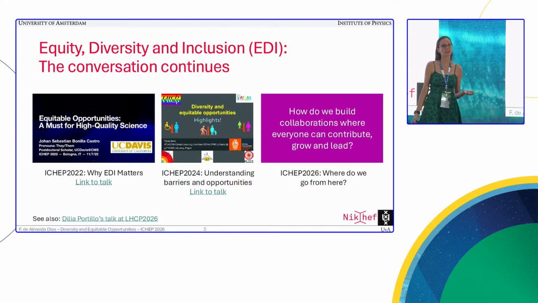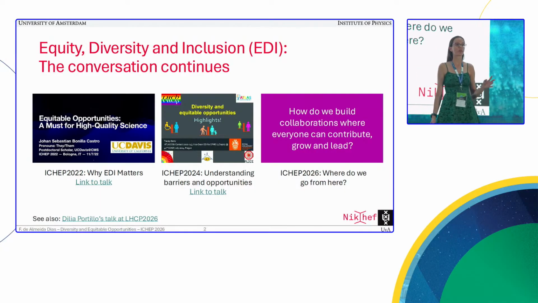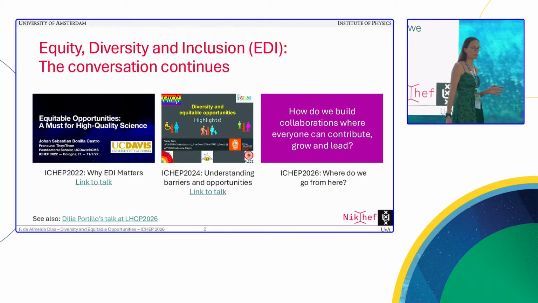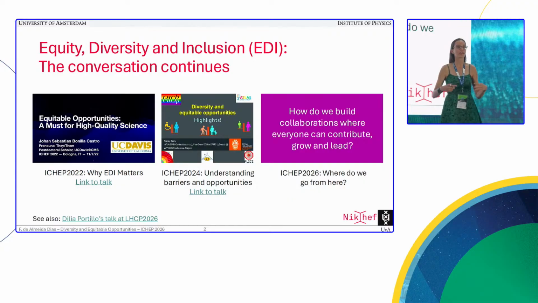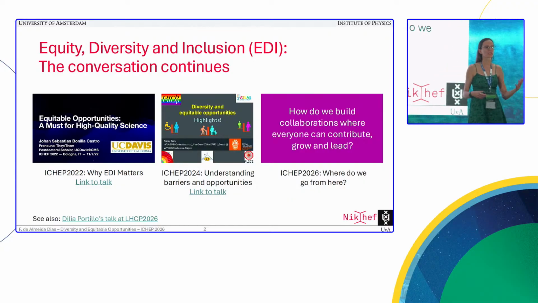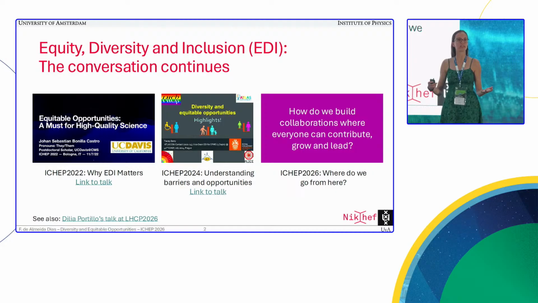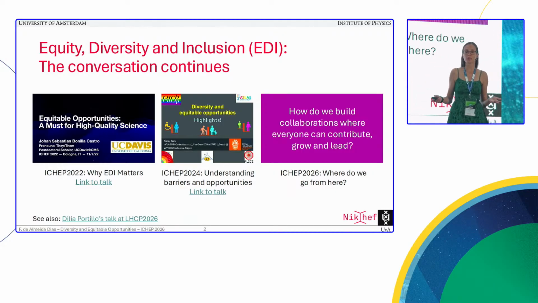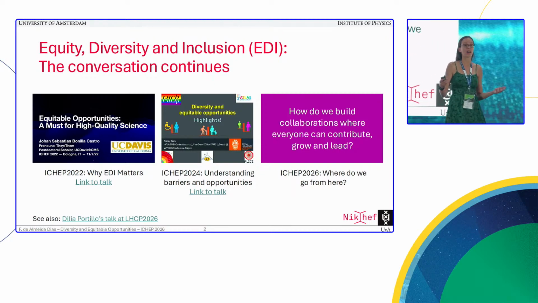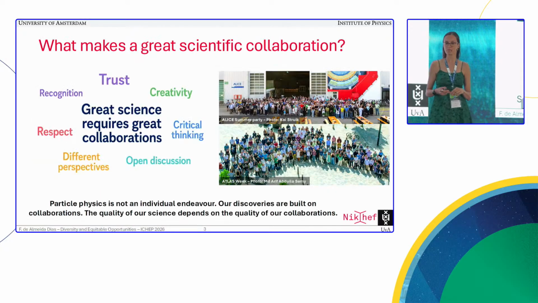And very recently, also at LHCP, we had Delia's talk about a similar thing. So I don't want to go over again the same things that you hear all the time, redefining what those things are. I would like to continue looking a little bit more forwards. How do we build collaborations where everyone can contribute and grow and lead? And then see how we can go at the dialogue from there.